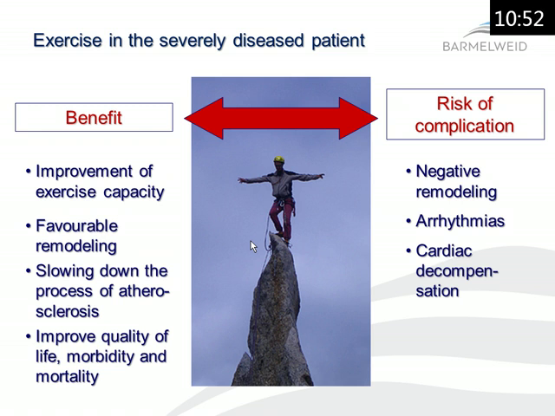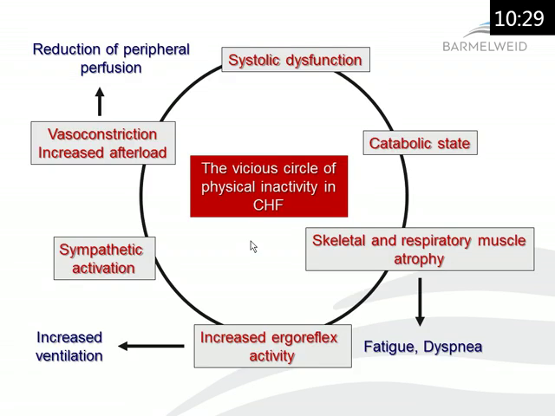And cardiac decompensation with exercise is also almost not possible. So even though the patients are at high risk, the risk of complications is very low, and everything is about the assessment of the patient and then the prescription of the low intensity adapted exercise capacity.